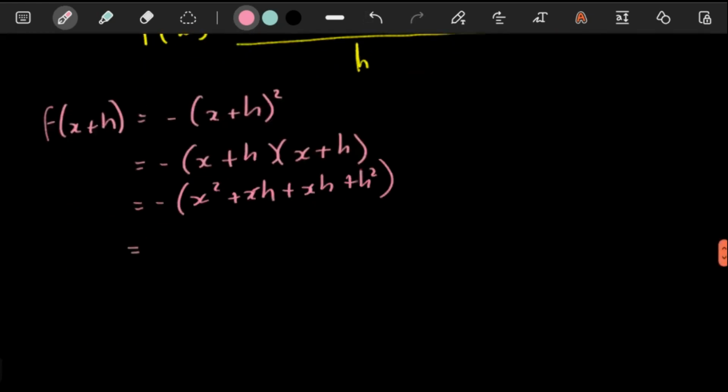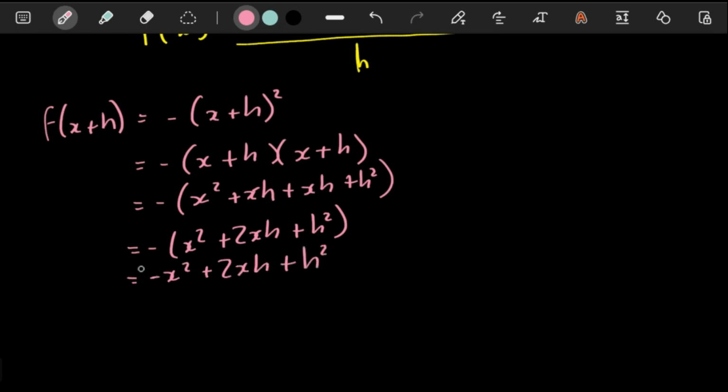Perfect. And then you want to add these together: negative h squared plus 2xh plus h squared.